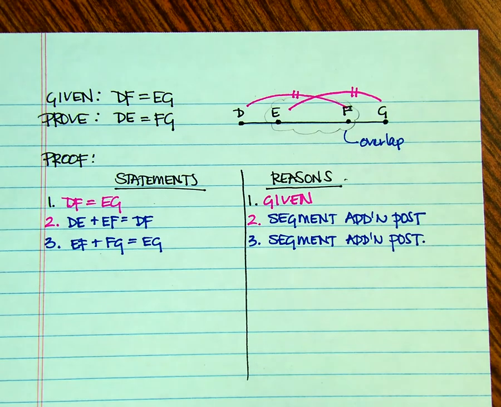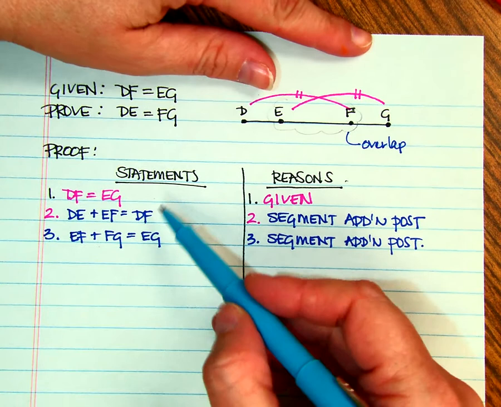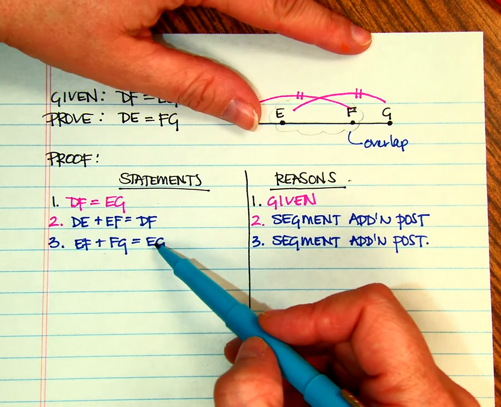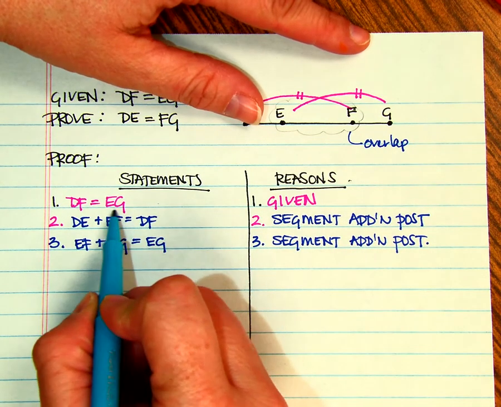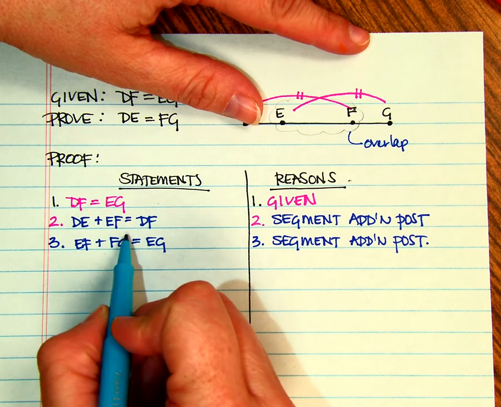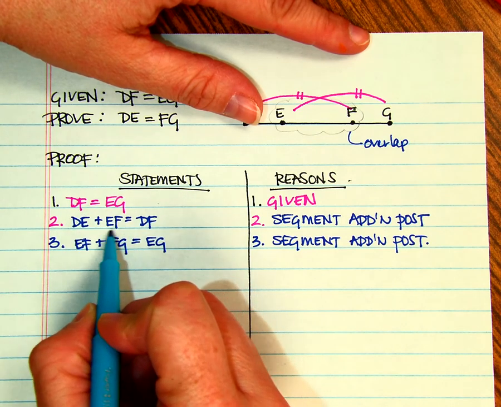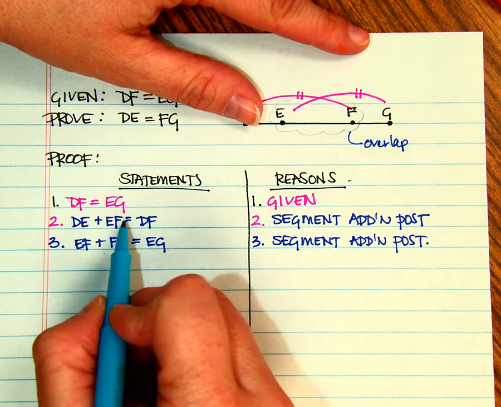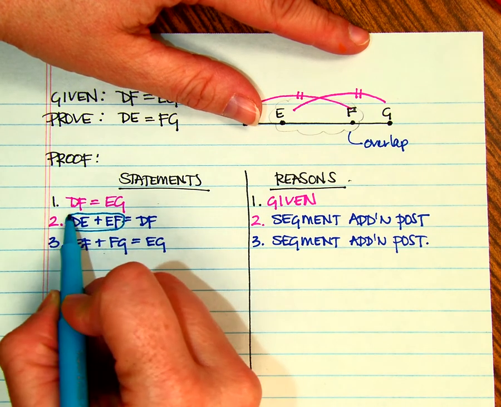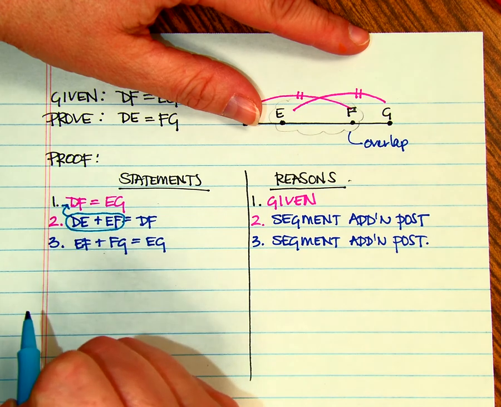Now, you always have to think, why was I given the fact that DF is equal to EG? I'm going to look at this. I know that DF equals EG. Doesn't all of this equal DF? Doesn't all of this equal EG? So I can take and substitute and put all of that in for DF.